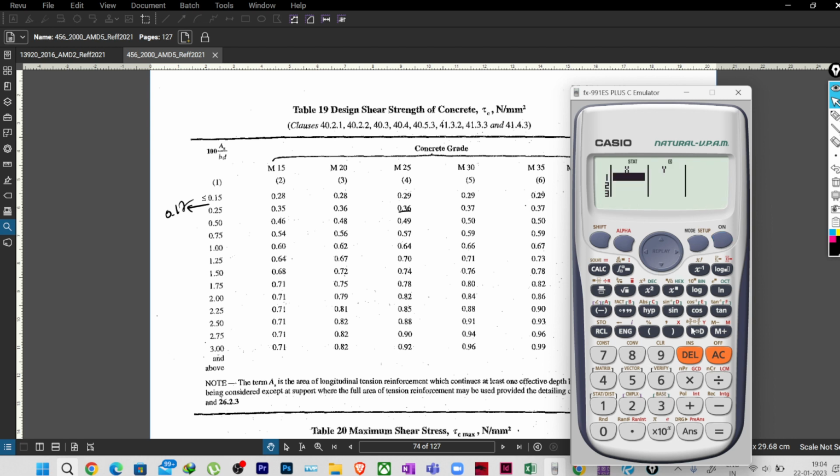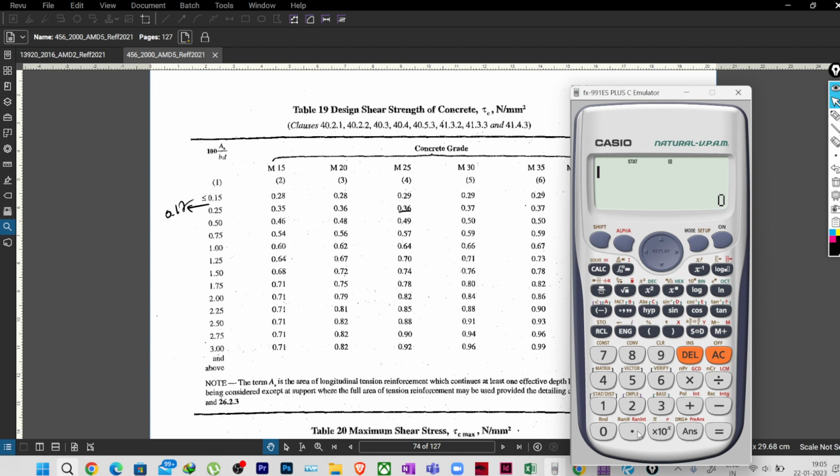Mode, stat 2. Yeah, so 0.15, it is 0.29, right? For 0.25, it is 0.36. Okay, so now I'll press AC.